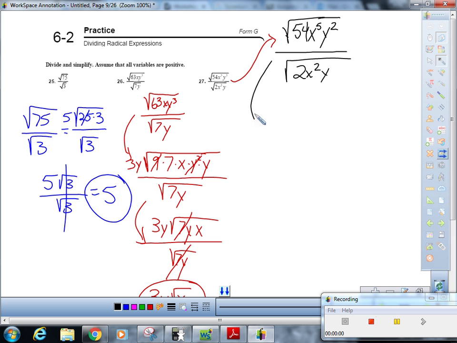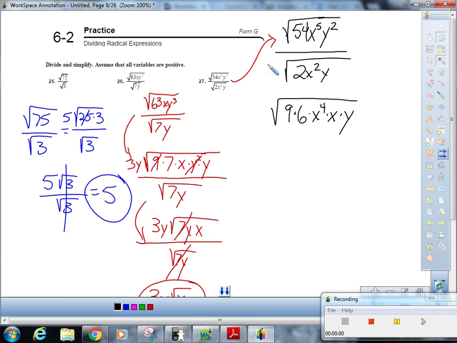Okay, so 54 is 9 times 6. I'm going to call this x to the fourth because I can square root that, times x times y. Let's look at what we're going to take out of here. Okay, so square root of 9 is 3.